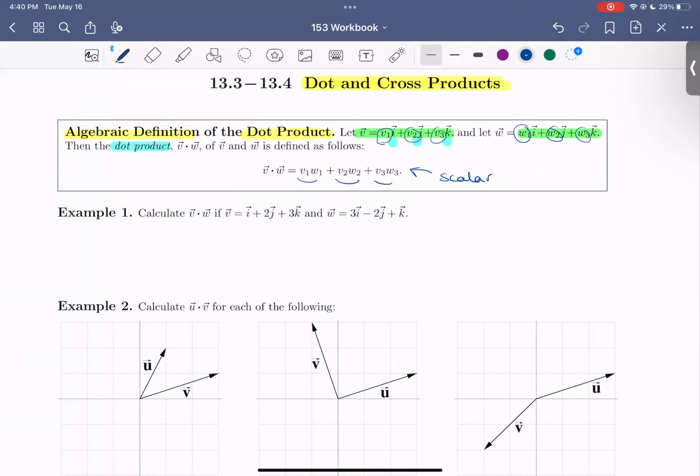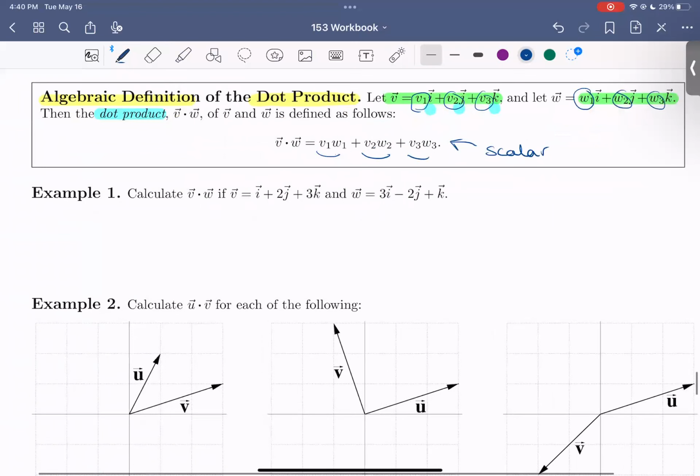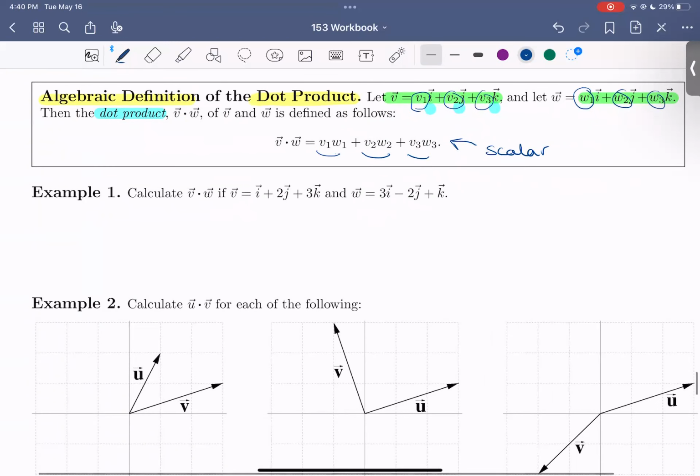Okay, well, let's look at an example of actually computing a dot product together. So in example 1, we're asked to calculate v dot w if v is the vector i plus 2j plus 3k, and w is the vector 3i minus 2j plus k. So what we're going to do to find the dot product is to multiply the corresponding components.